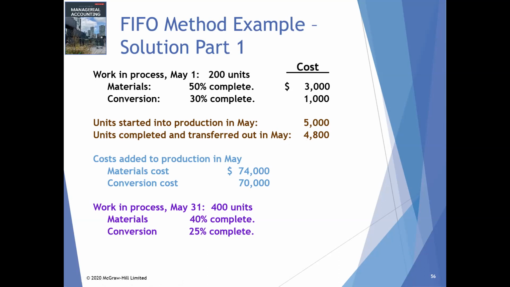The units started into production in May total 5,000, and 4,800 finished, and still 400, like 200 from this and 200 from this, you can see here, will be the closing stock.